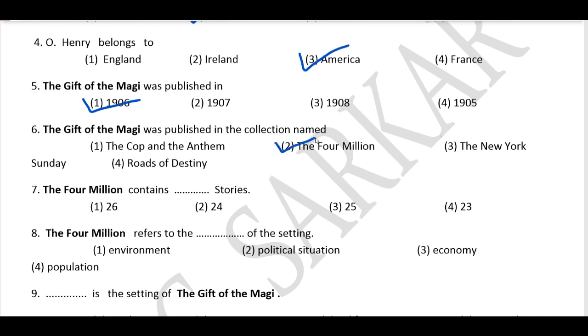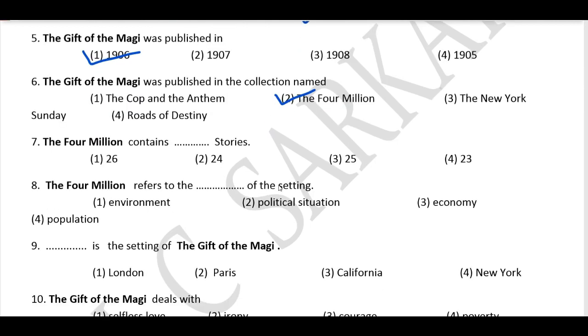Okay. Then number 7, The 4 Million contains dash short stories. Actually, there were 25 short stories in this collection. Clear? So, the right answer is 25, option 3.